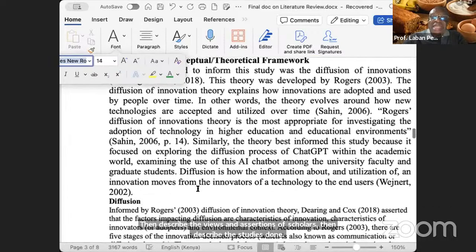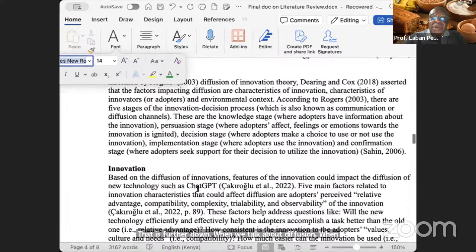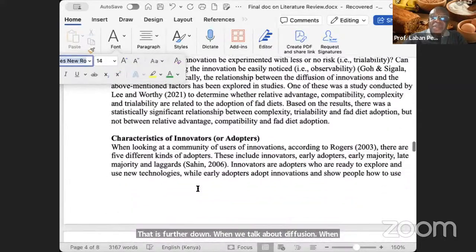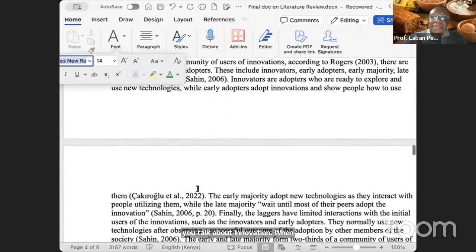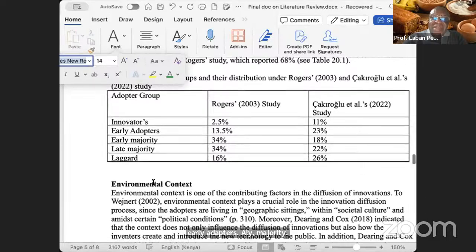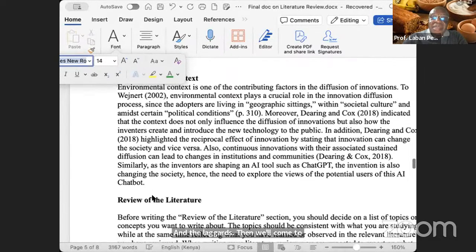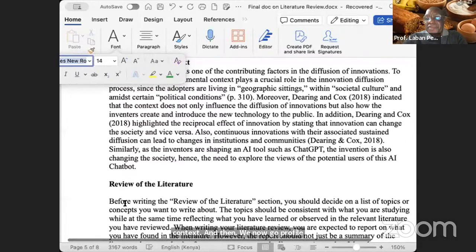That is further down when we talk about diffusion, when we talk about innovation, when we talk about characteristics of innovators, and then we come to this famous table of innovators, early adopters, early majority, late majority, and the laggards. Then we'll come to the environment context, and then we now go properly into the literature.